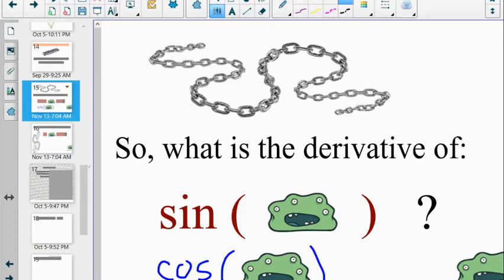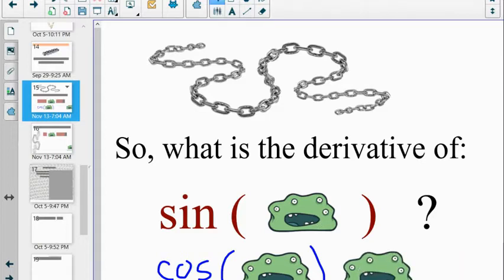What we are learning now is that the chain rule says that if this stuff inside is anything more complicated than just simply x or some variable, we have to multiply by the derivative of the slime, the derivative of the stuff inside. I'll call it slime prime. Again, very high technological mathematical terms that I'm using here. The derivative of sine of slime is cosine of slime times the derivative of the slime, or slime prime.